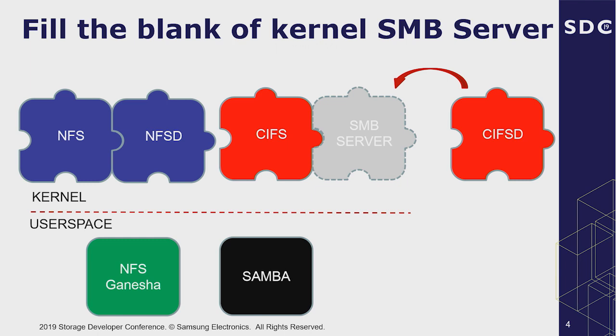Unlike NFS, an SMB server for the kernel is not supported yet. CIFSD is different from existing SMB servers, and we hope that CIFSD fills the blank for an SMB server that was not provided by the kernel yet.